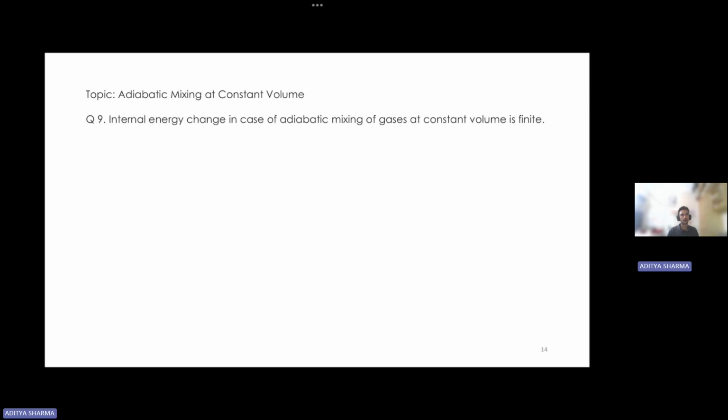This topic is from your lecture number 18, the second last topic of lecture number 18. And the question is a true or false type of question, and it states that the internal energy change in case of adiabatic mixing of gases at constant volume is finite.